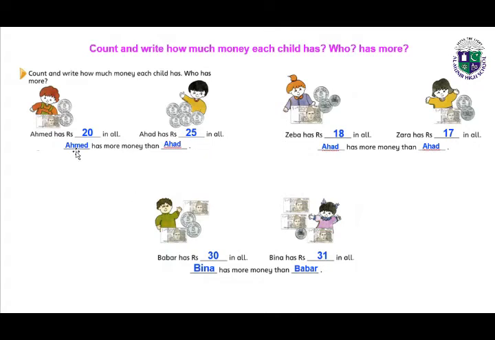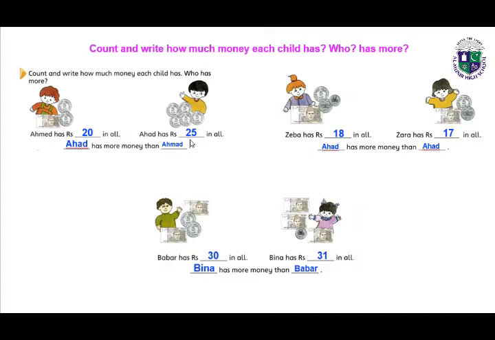So Ahmed, who has more? Ahmed has 20 rupees in all and Ahad has 25 rupees in all. So Ahad has more money than Ahmed. You can see Ahmed has 20 rupees and Ahad has 25.